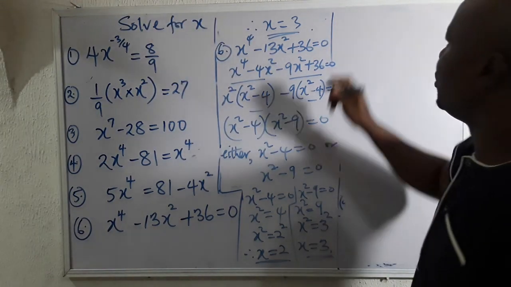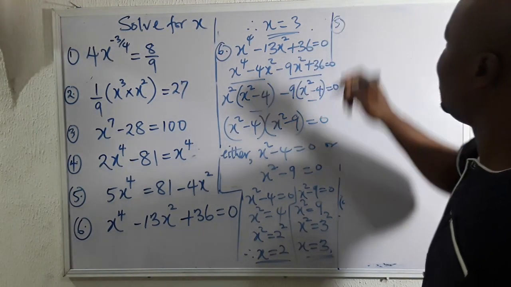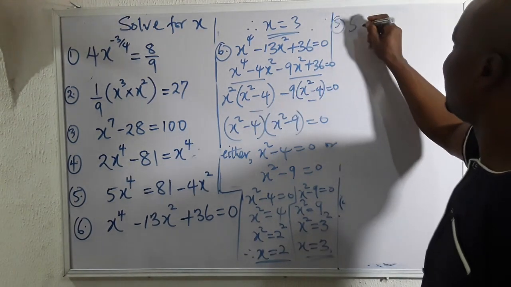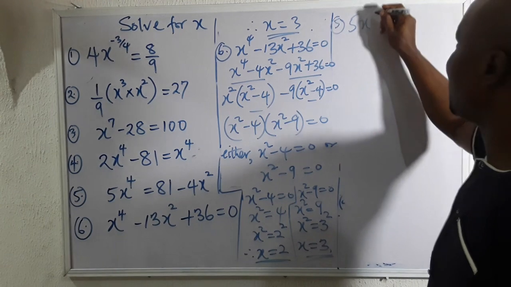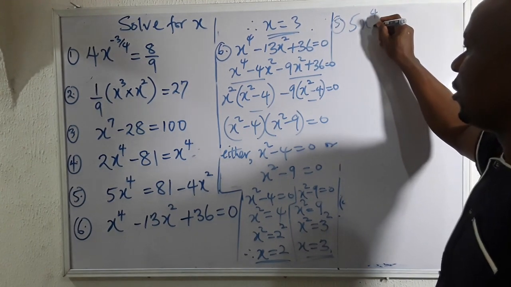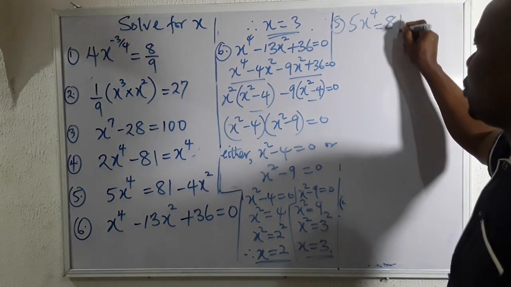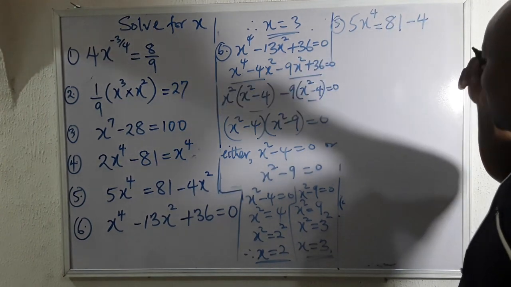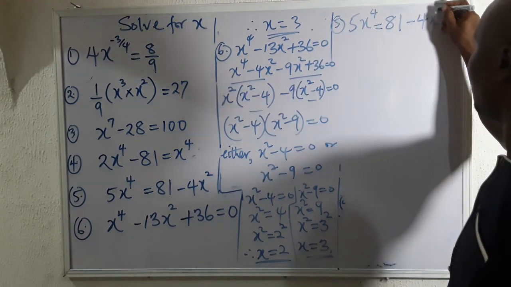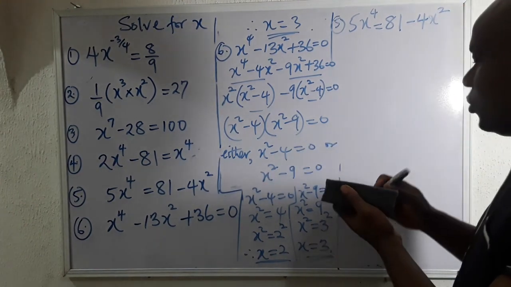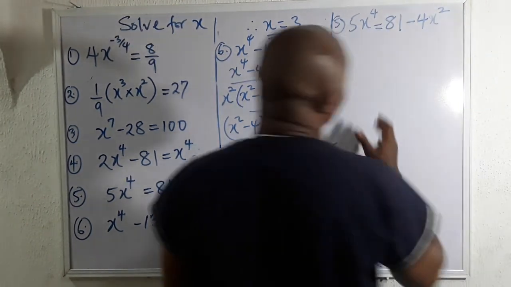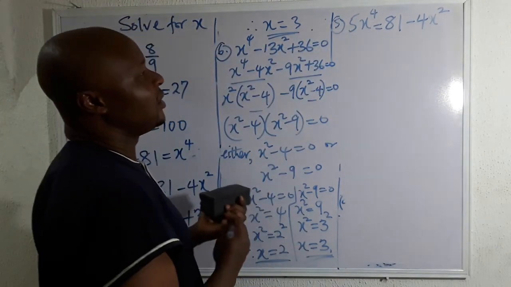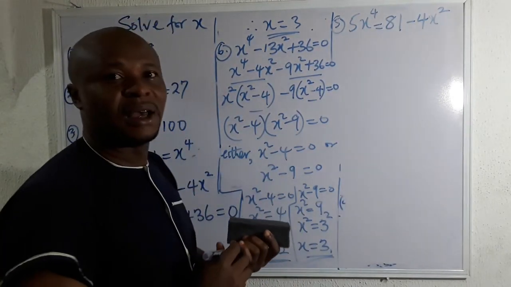Now the fifth question says that 5x raised to power 4 is equal to 81 minus 4x raised to power 2. So what we need to do is to bring all the terms to the left hand side and be left with nothing on the right hand side.